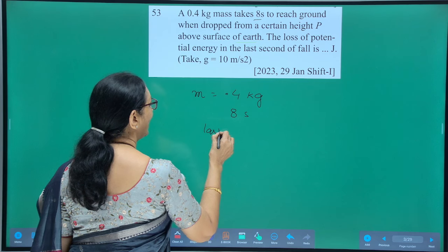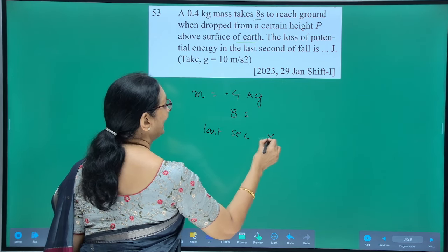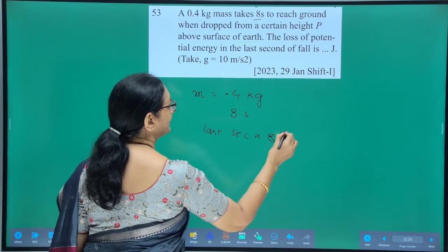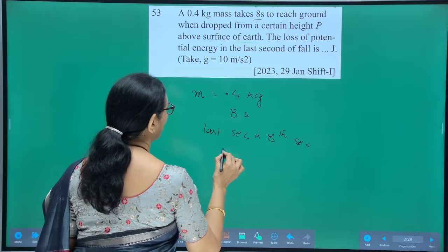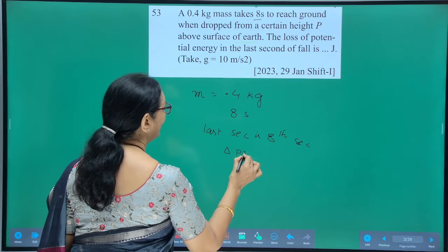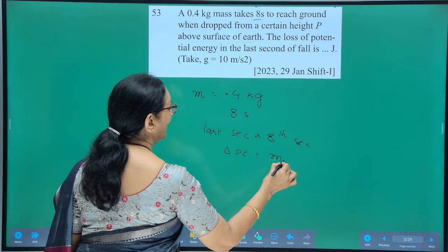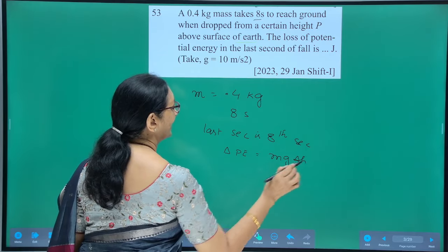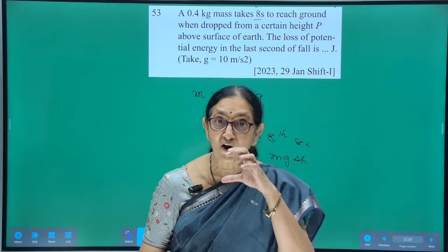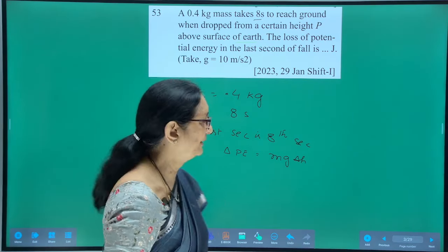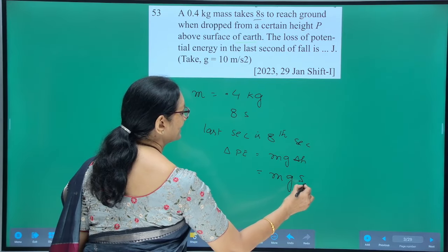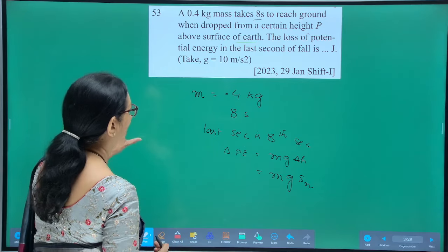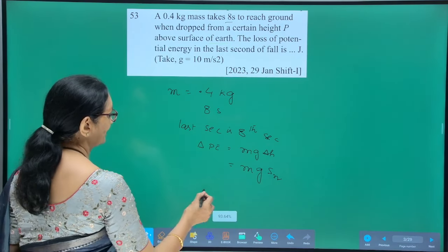Here the last second is the 8th second. The loss of potential energy delta PE is equal to mg into delta H, that is the fall in that particular time interval. The fall in the nth second is nothing but Sn.